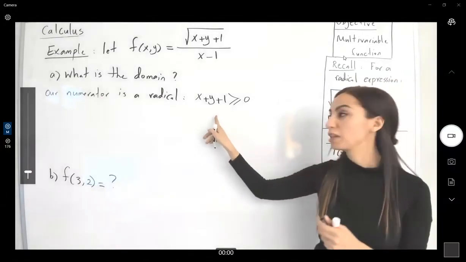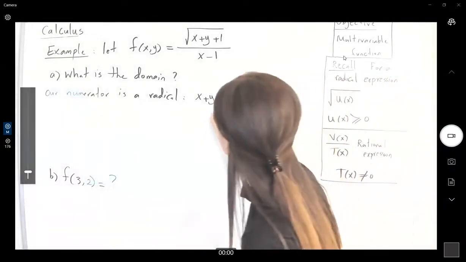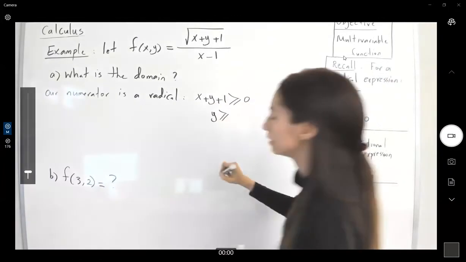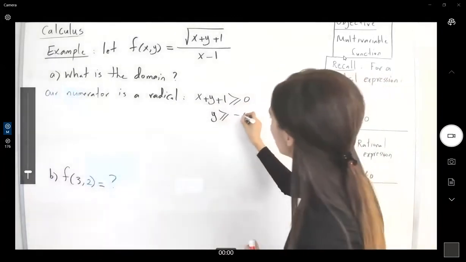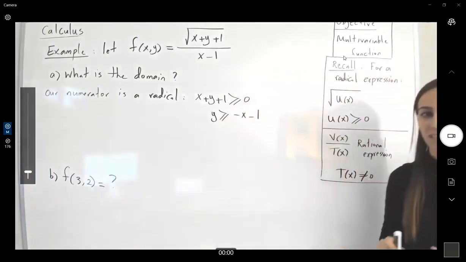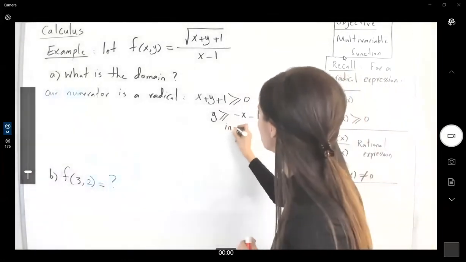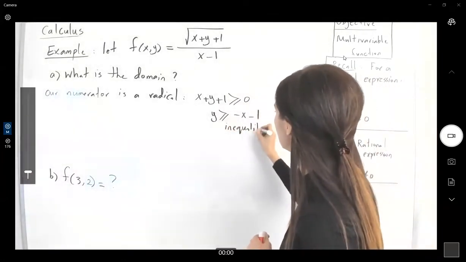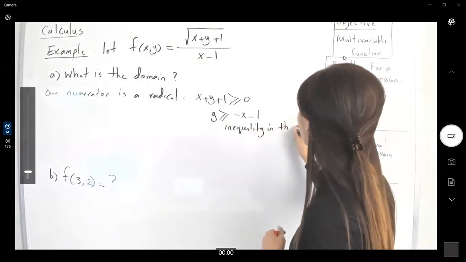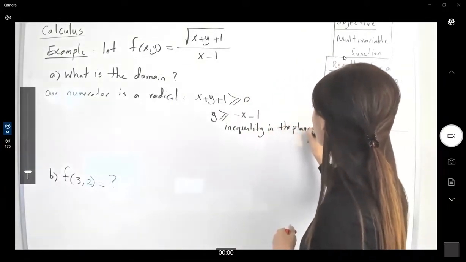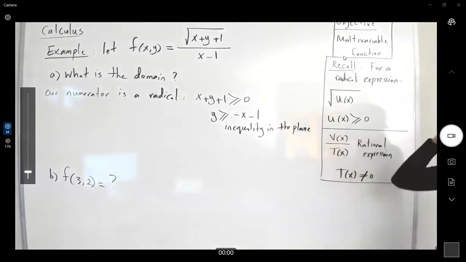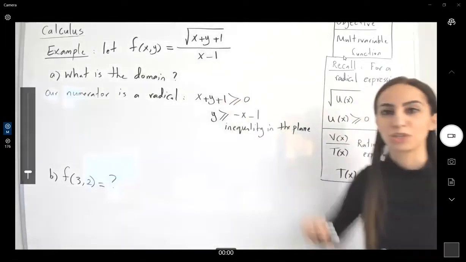In algebra, we learned that this can be solved as y greater than or equal to negative x minus 1. This is an inequality in the plane. We can easily graph this. Take a look at your denominator.